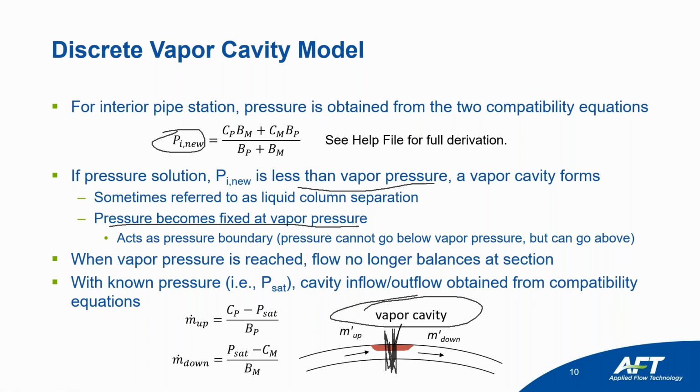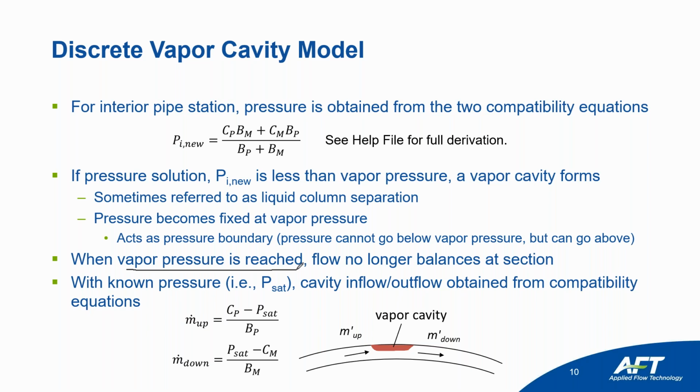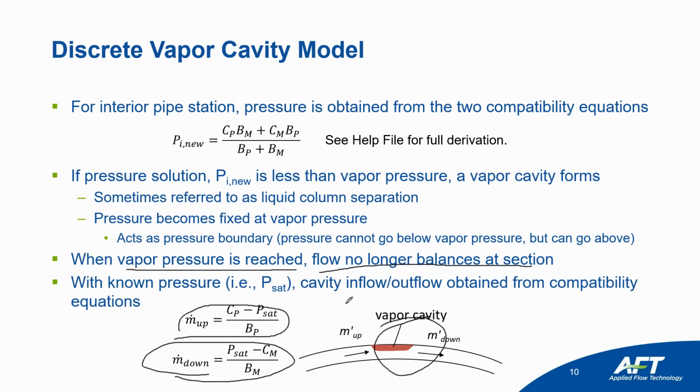The key thing that I want to point out here is when you have vapor pressure, your flow rate no longer balances at that computation section in your pipe. That's why we have the parameters mass flow rate upstream and mass flow rate downstream. That's because they will not balance across a vapor cavity in that fashion.